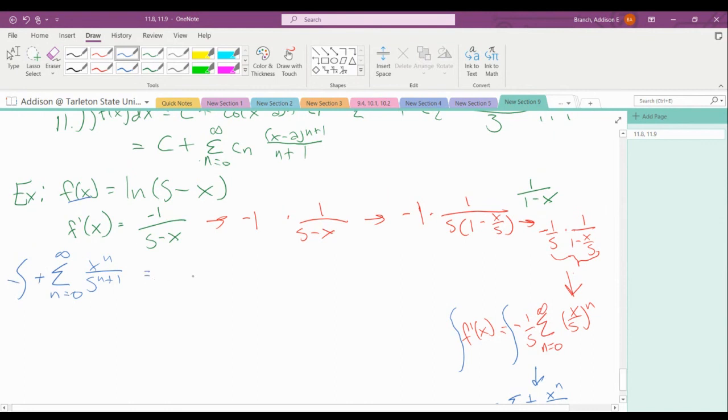There we go. That will get us c plus, remember we have a negative though, the series from n goes from 0 to infinity of our c sub n, which in this case is 1 over 5 to the n plus 1, that's our cn, times x minus a to the n plus 1, which is just x at this point, to the n plus 1, over just n plus 1.